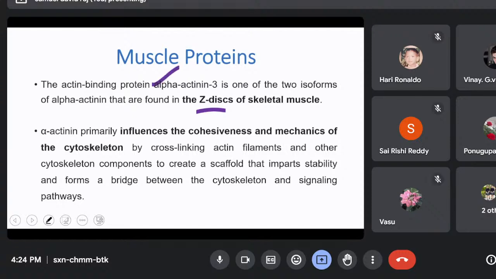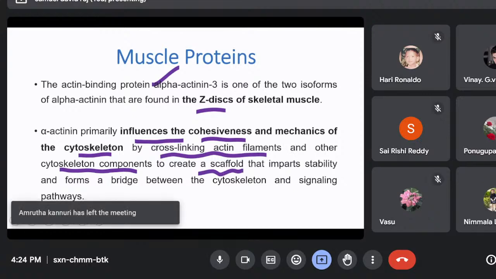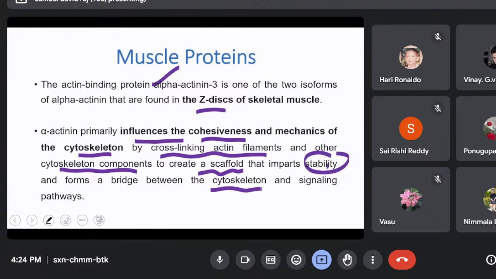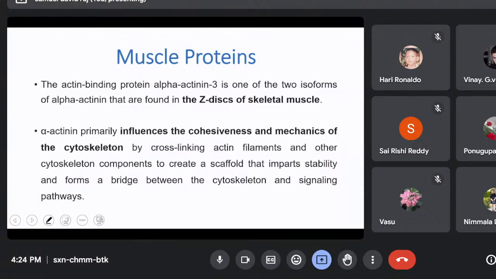And what is its function? To influence the cohesiveness, the togetherness of the cytoskeleton. How? By cross-linking actin filaments and other cytoskeleton components so that it creates a scaffold. Scaffold means a surface-like thing that imparts stability and forms a bridge between the cytoskeleton and signaling pathways.